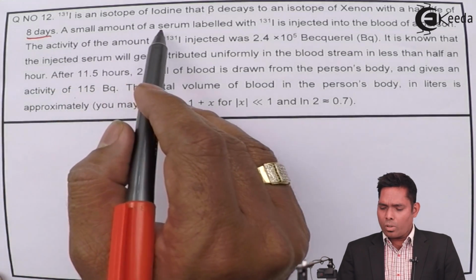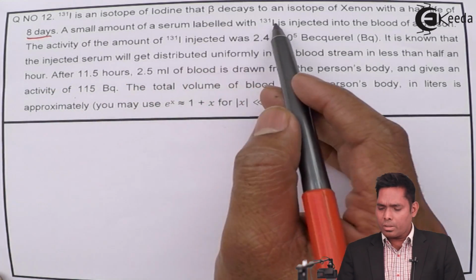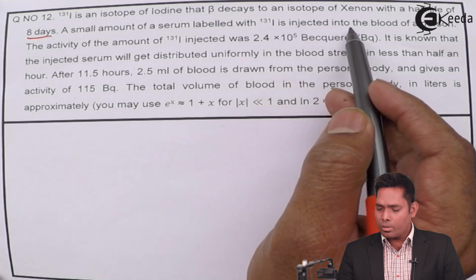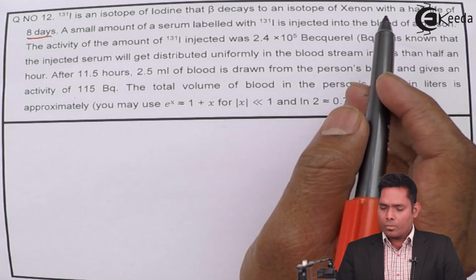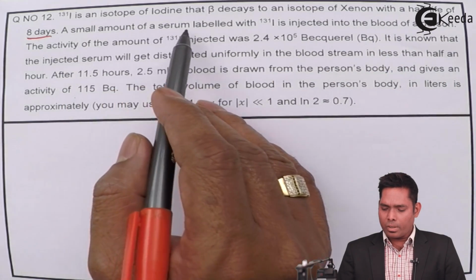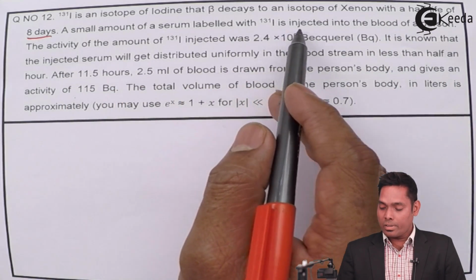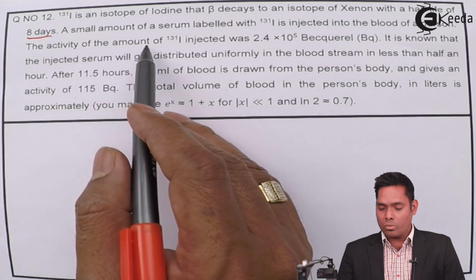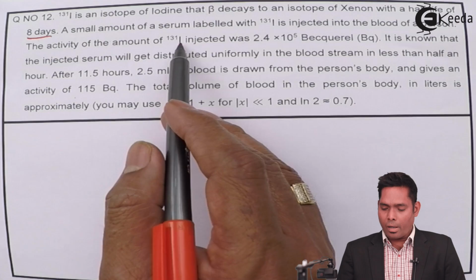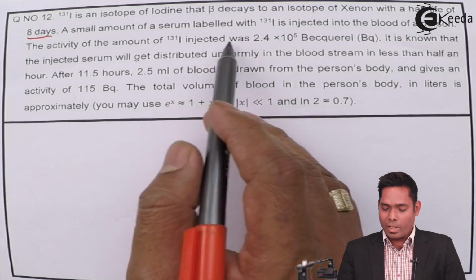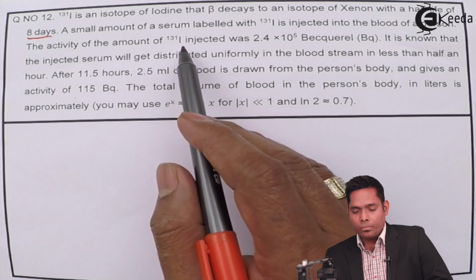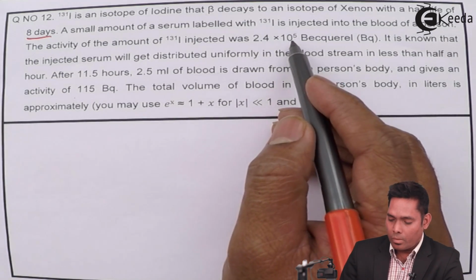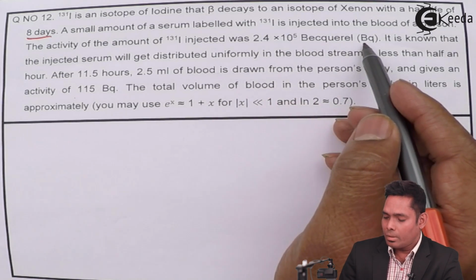A small amount of serum labeled with iodine is injected into the blood of a person. The activity of the amount of iodine injected was 2.4 × 10⁵ becquerel.